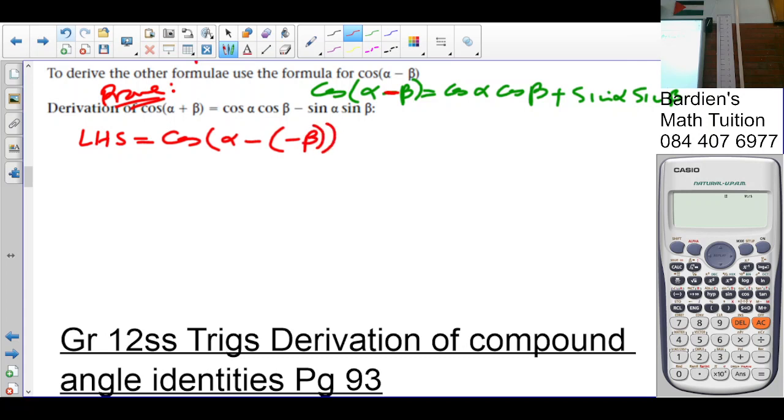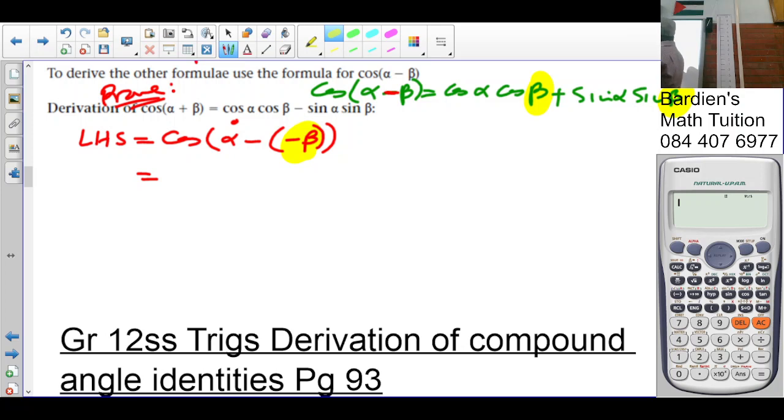Now minus minus beta becomes positive beta, alpha plus beta. So again, I haven't changed the value of anything here. So now in alpha's place, I have alpha, and in beta's place, of course, we have minus beta.